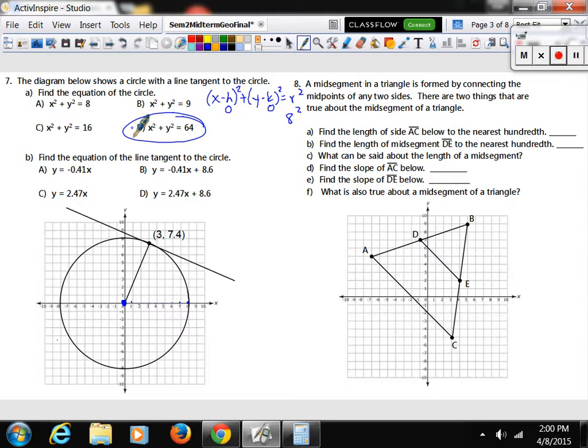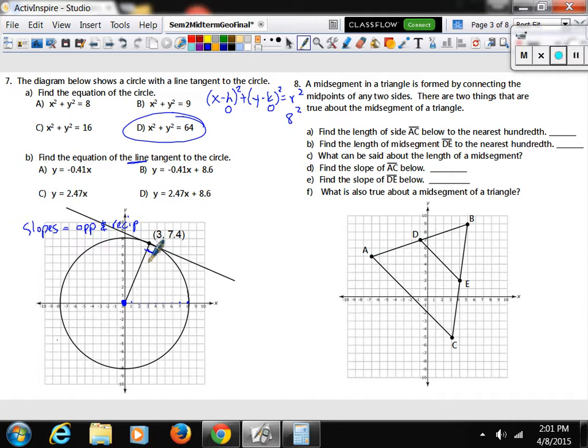Now the next one says find the equation of the line that's tangent. Okay, we know that a radius and a tangent have to make a 90-degree angle. And we know that if it's a 90-degree angle, the slopes are opposite and reciprocal. So we need opposite reciprocal slopes.